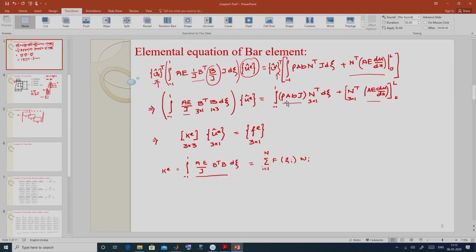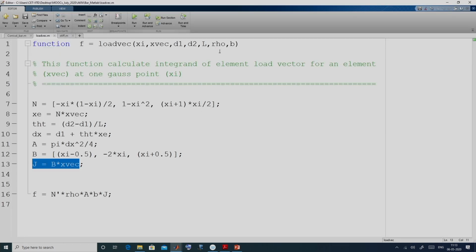Then this integrand, if you see rho A b, this b is body force per unit mass. This rho and b are constant for this problem. They are supplied in our MATLAB function, and finally this rho A b J N transpose.